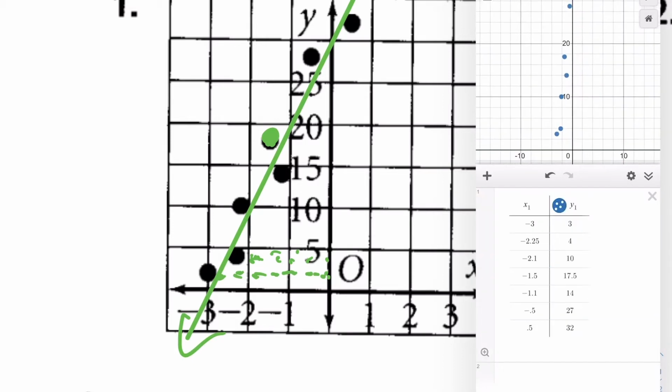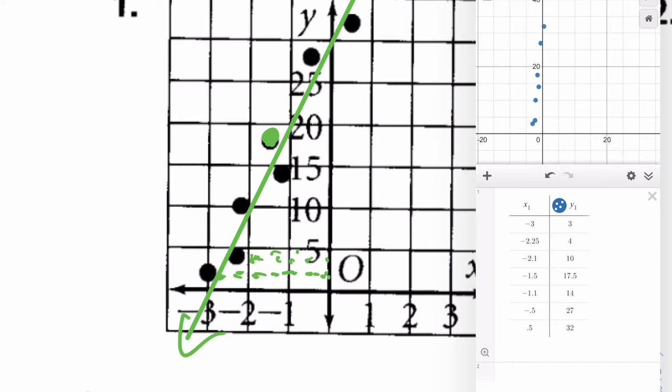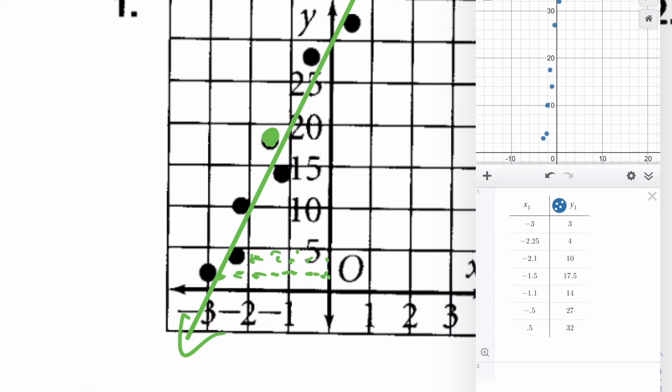Let's see what Desmos made for that graph. It looks like it's going very upwards. I don't think I can get the scale to be exactly like it is in the picture here, but we have a graph of those dots.